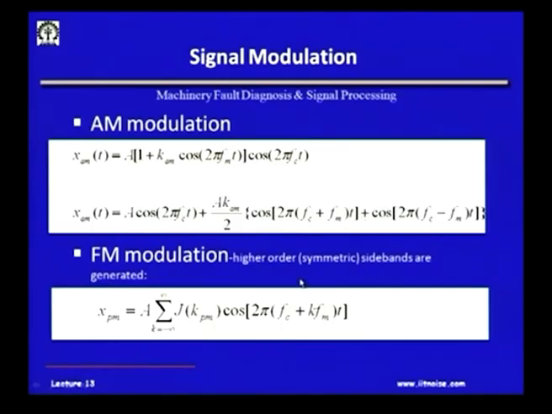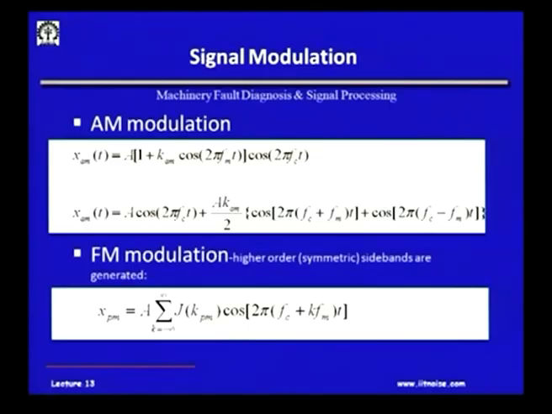And once you have frequency modulation, you will see a lot of symmetrical sidebands, given by this number k. So Fc plus k Fm, where k could be 1, 2, 3. A lot of symmetrical sidebands will occur, and this particularly occurs in gearboxes. We will see practical examples later on.